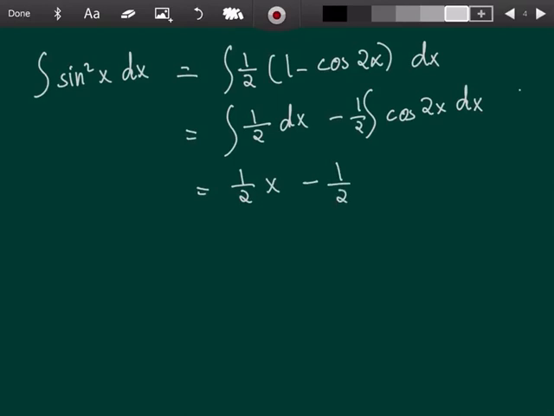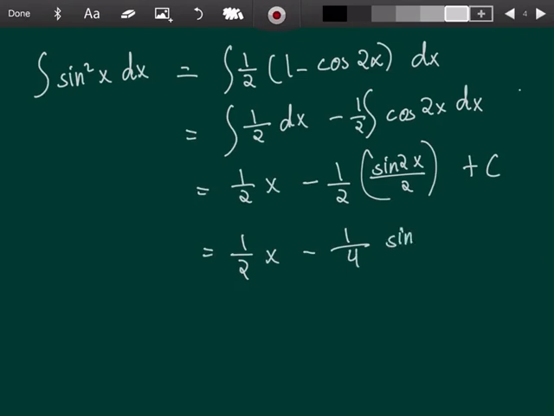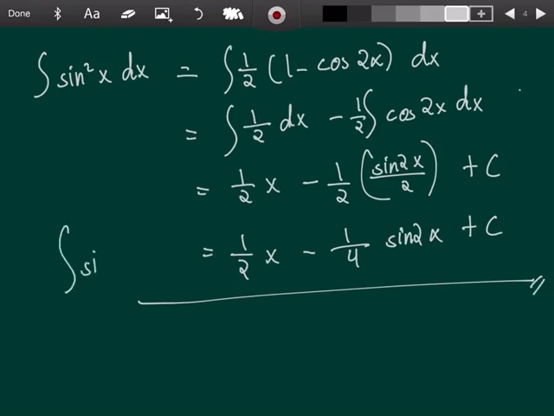The integral of cosine 2x is sine 2x over 2 plus c. So 1/2 times 1/2 becomes 1/4 sine 2x plus c. That is the answer for the integral of sine squared x dx.